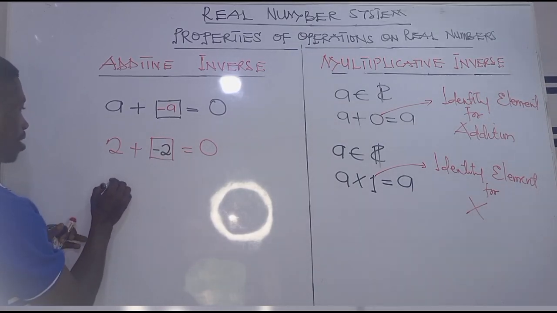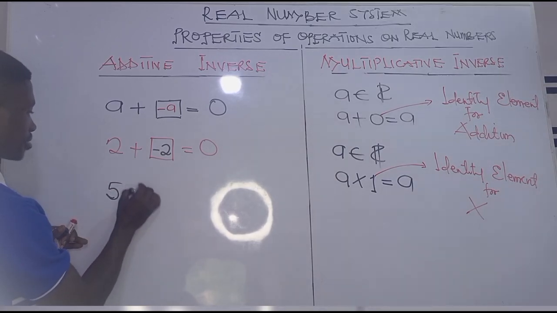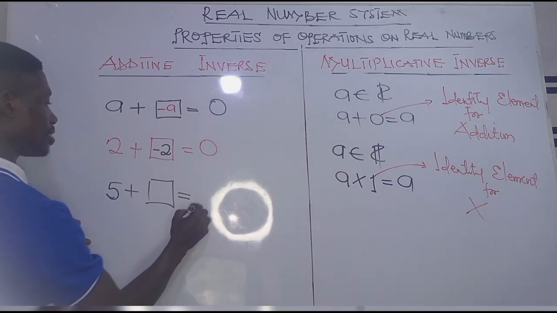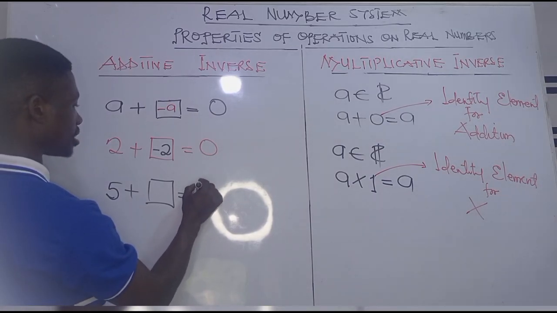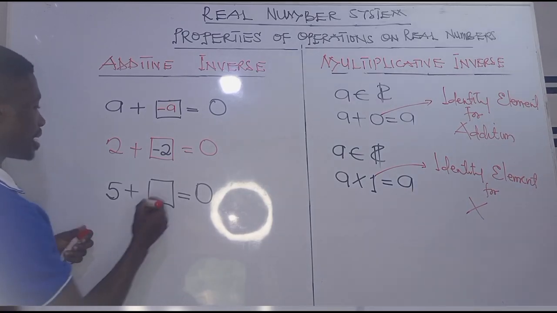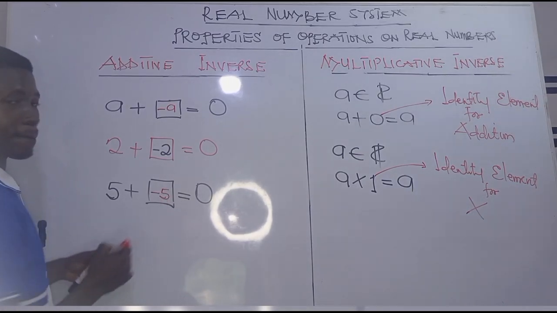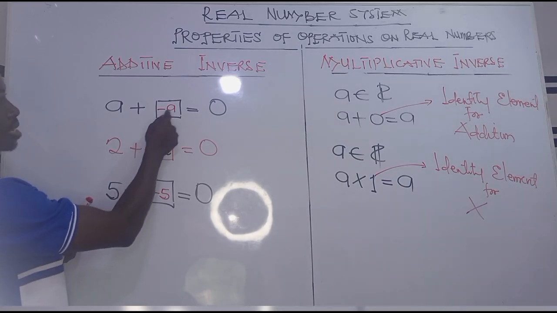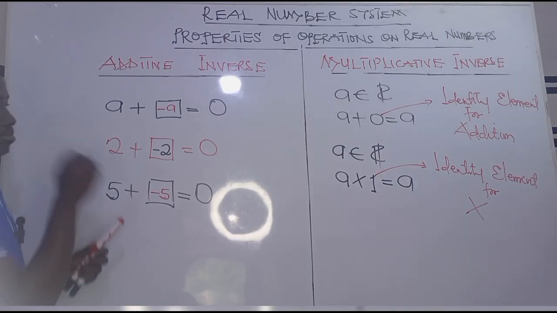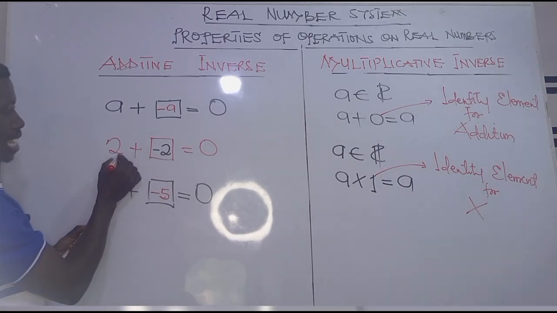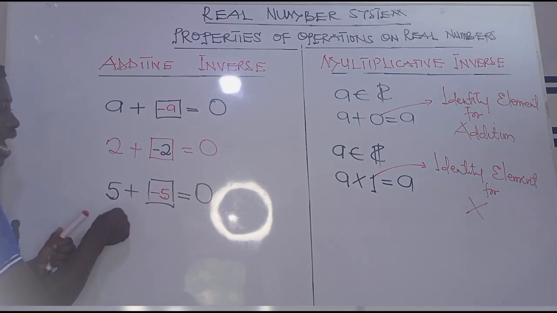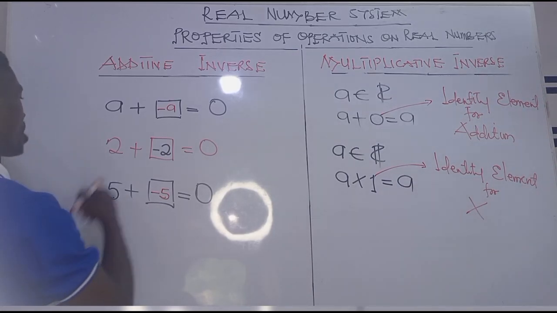Let's also take it that you have the number 5 plus what number will give us 0? I believe you are saying minus 5. So minus A becomes the additive inverse of A, negative 2 becomes the additive inverse of 2, and negative 5 also becomes the additive inverse of 5.